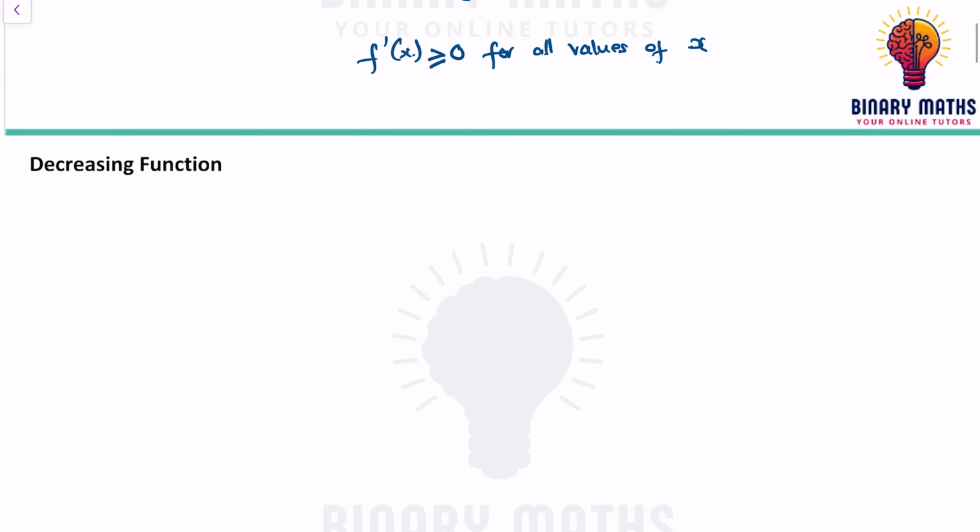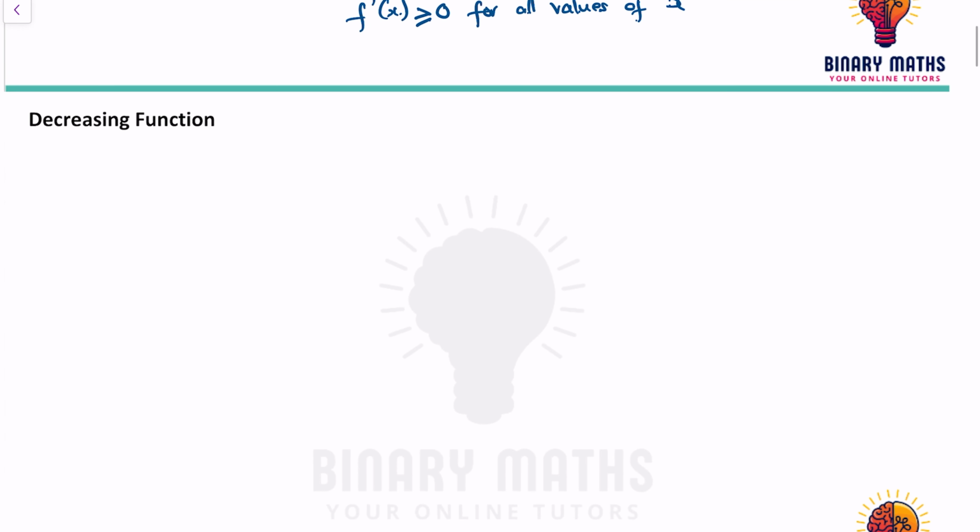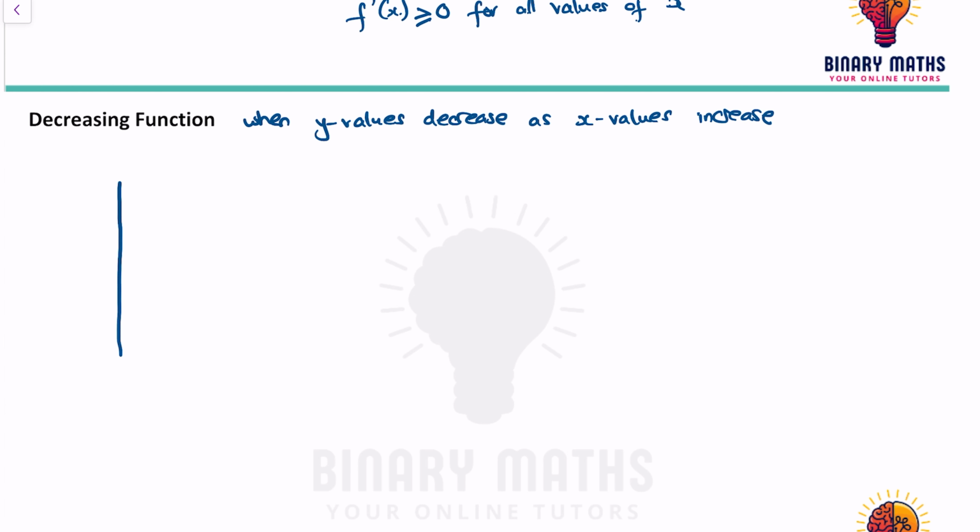Now in a similar way, for a decreasing function, a function is decreasing when y values decrease as x values increase. So if I were to sketch this out, then you have x here and then you have y here, then that means generally the graph is going downhill.